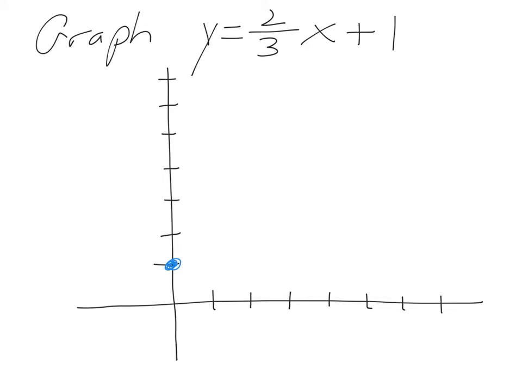So when I do that, I get to the point 3, 3, because I went up 2 spaces and over 3 spaces. Now that I have 2 points, all I have to do is connect the dots, and there is the line.